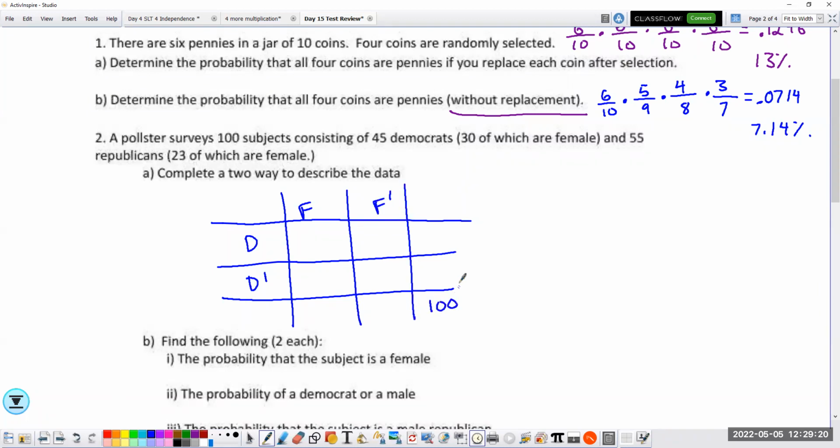We know that there are 100 people total. That makes life a little easier. 45 Democrats, 30 of which are female, tells me that this is going to be 30. And 55 Republicans, so we're going to go 55 here. 23 of which are females, this is going to be 23.